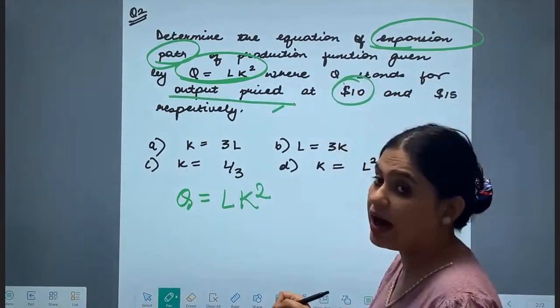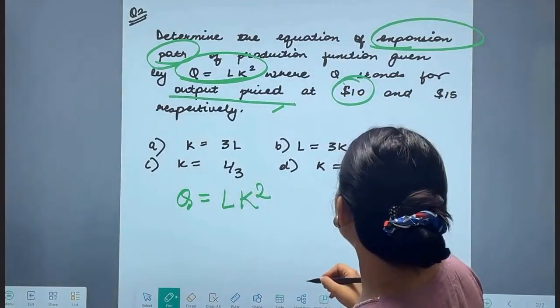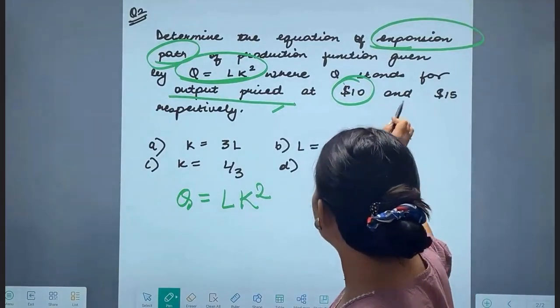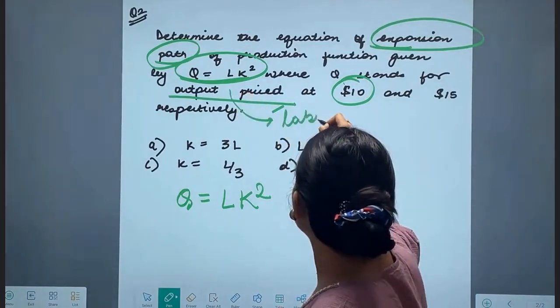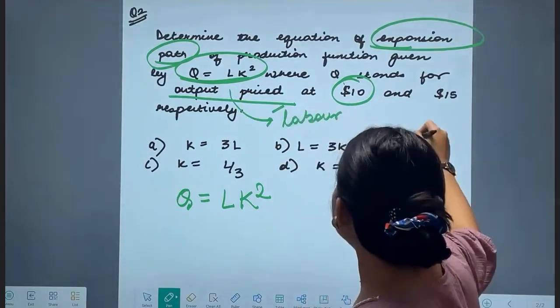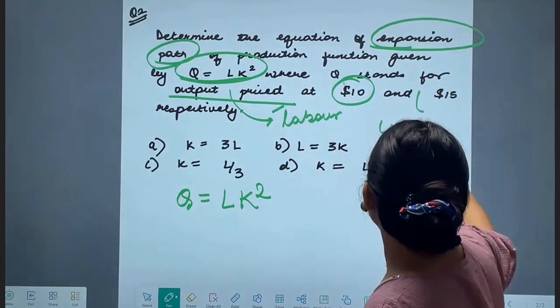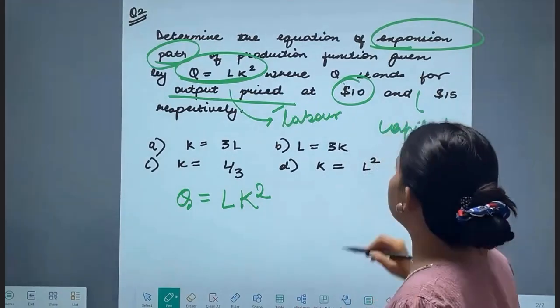Where Q stands for output, यहाँ पे I just forgot to write it, labor priced at $10 and capital priced at $15.